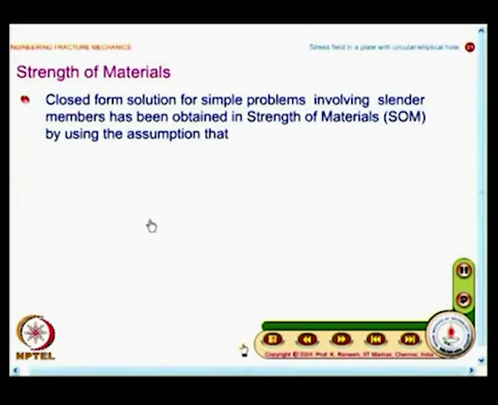Now, let us look at what we have learnt in strength of materials. Every statement here is important. First thing what you get is what is known as a closed form solution for simple problems. And what is a closed form solution? You get the values of stress magnitudes at every point in the domain.